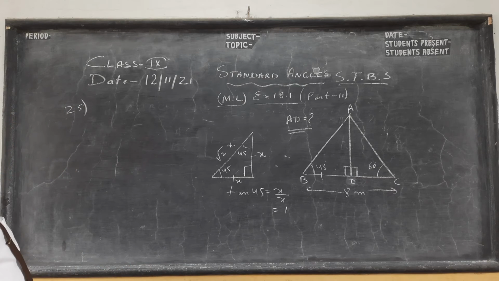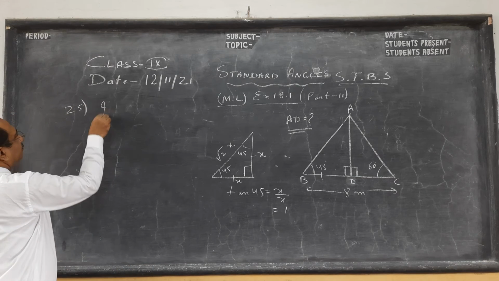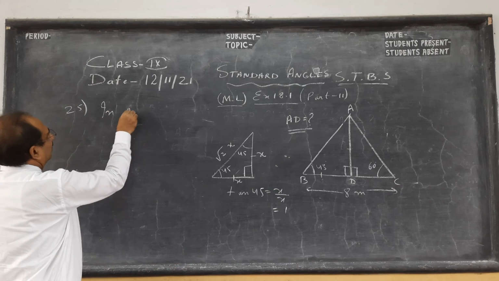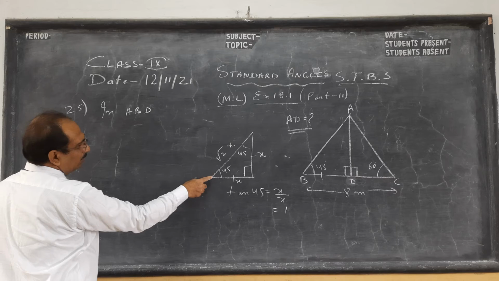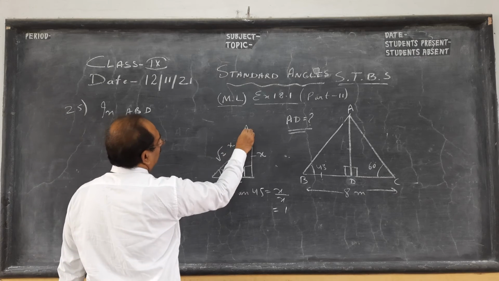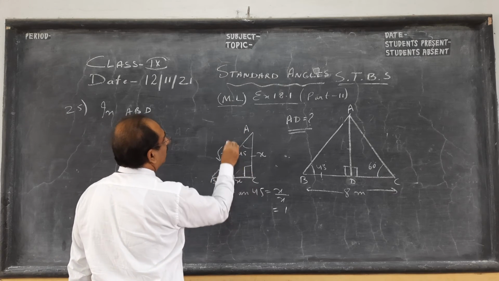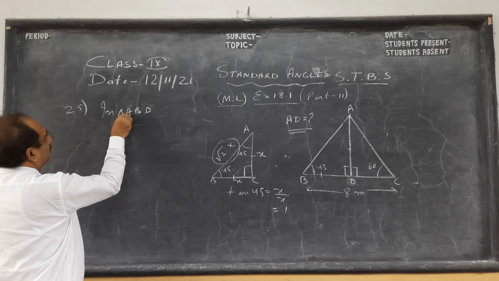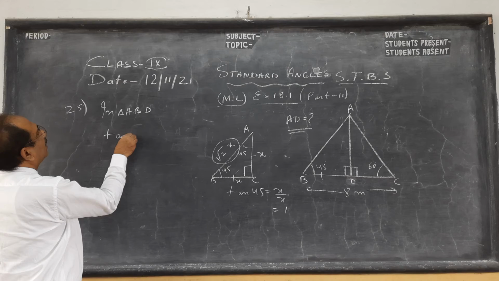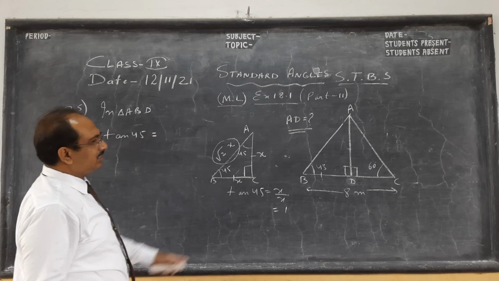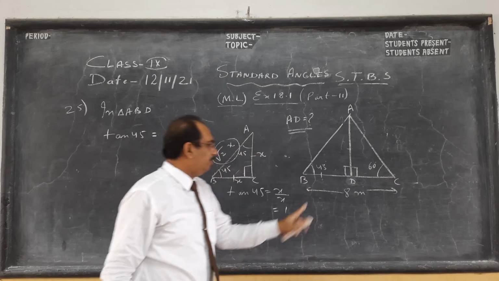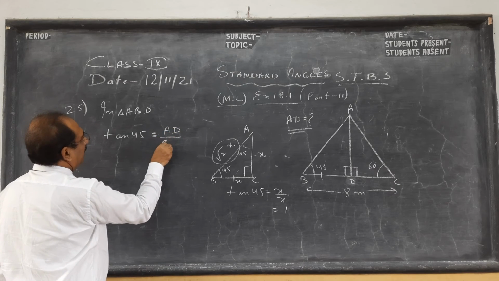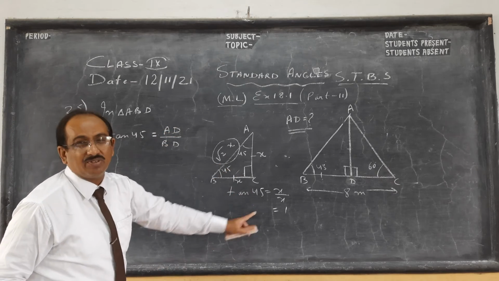So here we go. In the first triangle, the left side ABD, this is what I was showing you here. This we don't need now, children. So in triangle ABD you must write tan 45 is AD by BD, and tan 45 we know is 1.